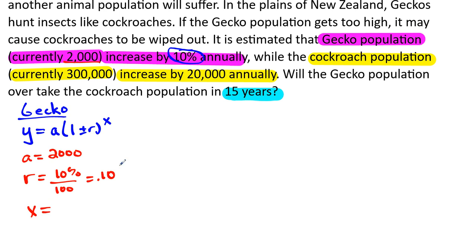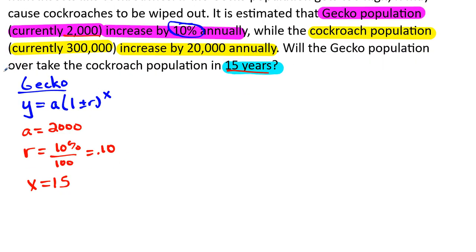And then X, of course, is the 15 years that they're both going to share. So let's plug all that in. So 2,000, parentheses, 1, and are we adding or subtracting here? Well, we're adding because we're increasing. So plus 0.10, raised to the 15th power.